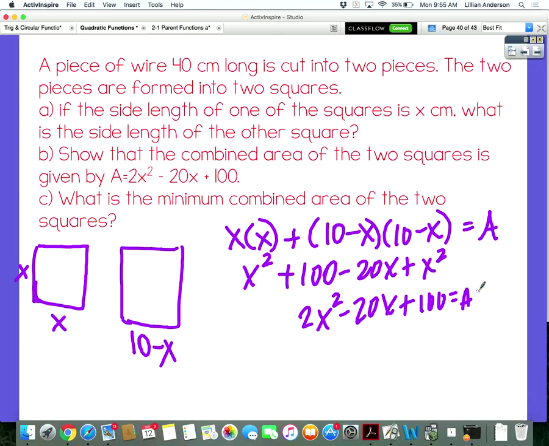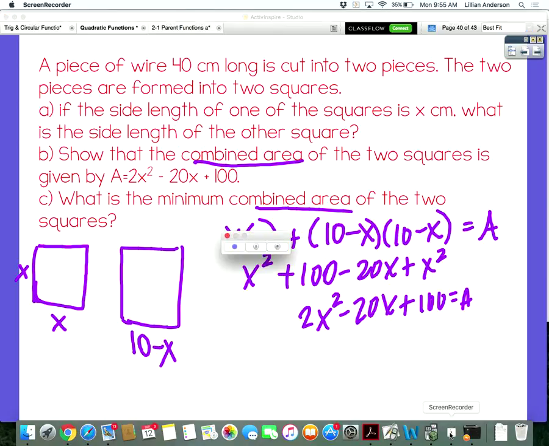And it said the combined area, so what equation are you taking? This one. Combined area, combined area. You have to find the y coordinate of this vertex. What is it? Say again. 50.